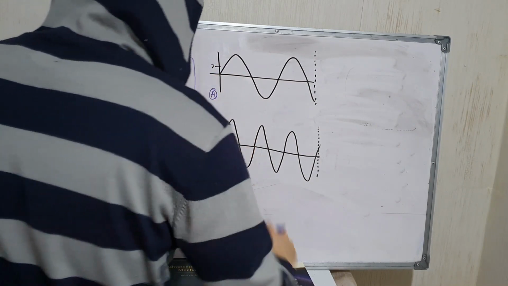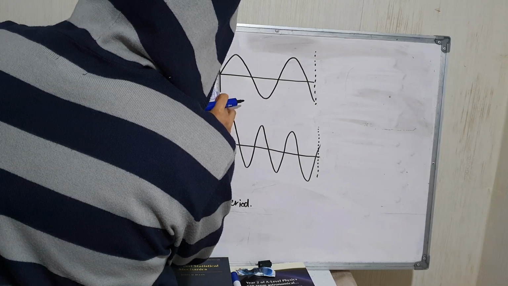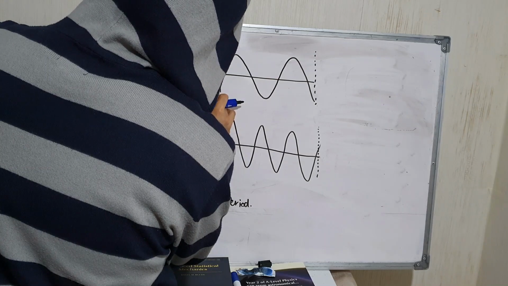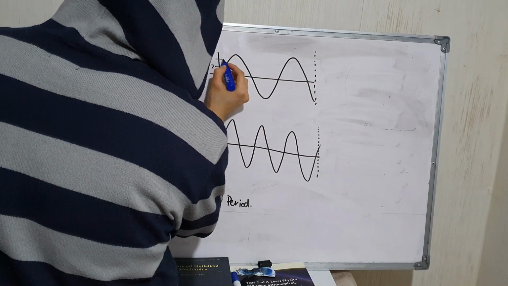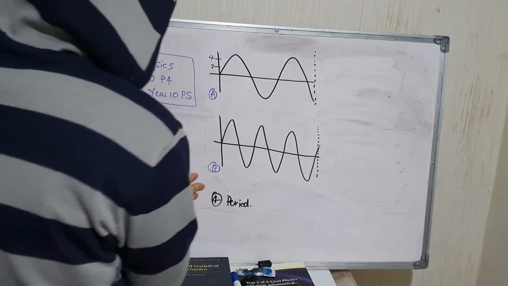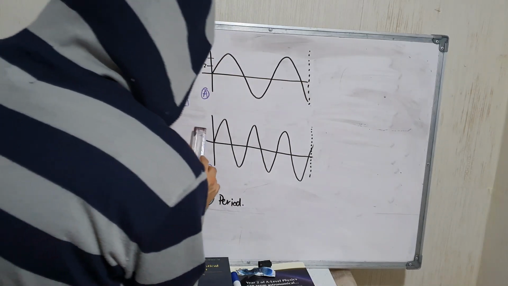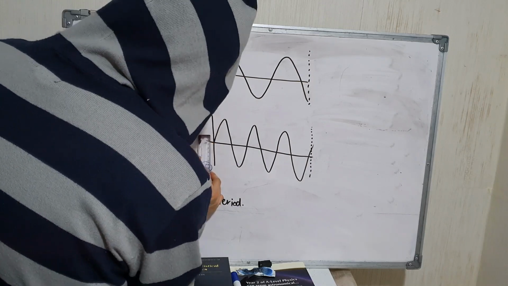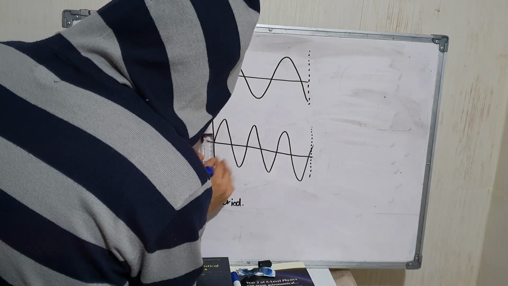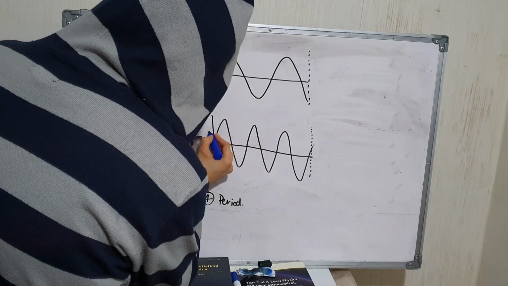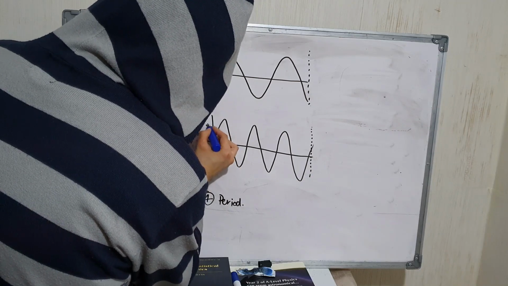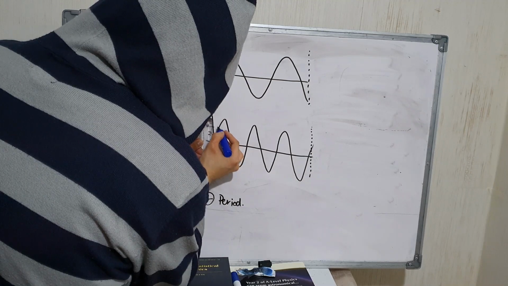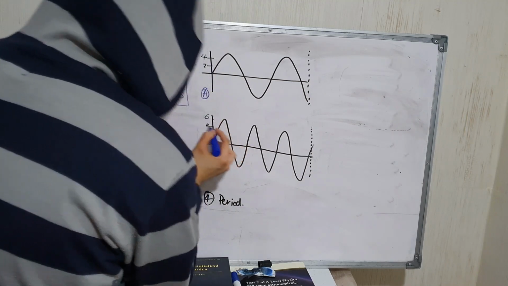So every 1.5, that's about here, so that's 4. We're just going to estimate. So every 1.5 is 2. That's 2, that's 4, that is 6.